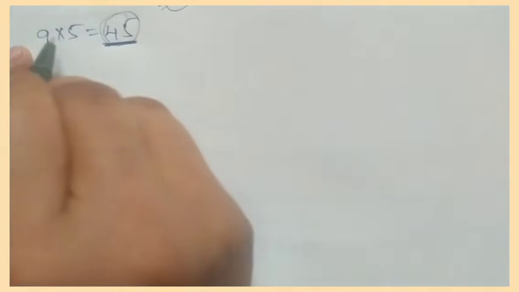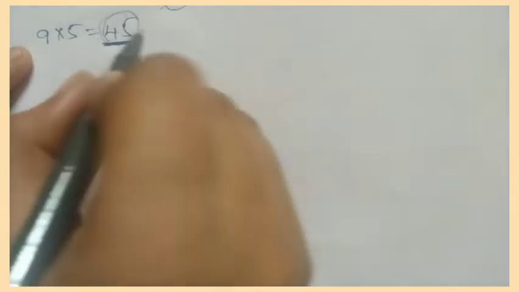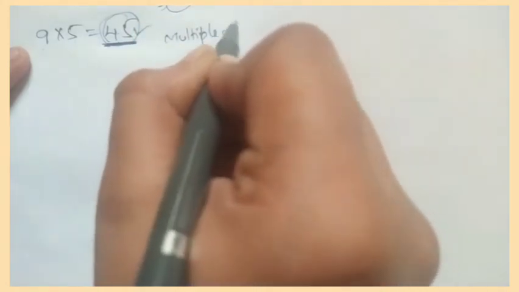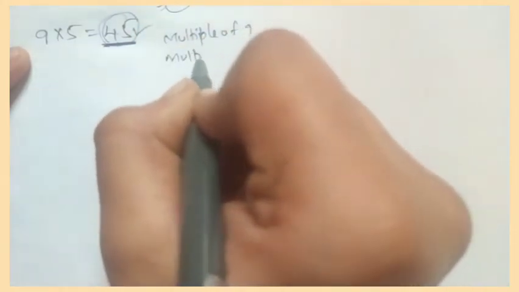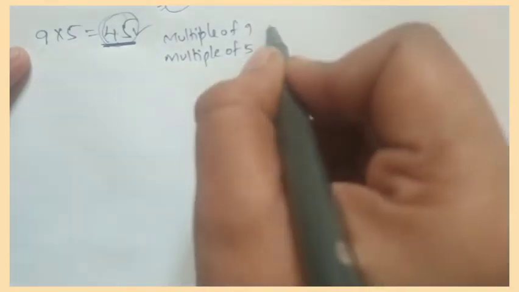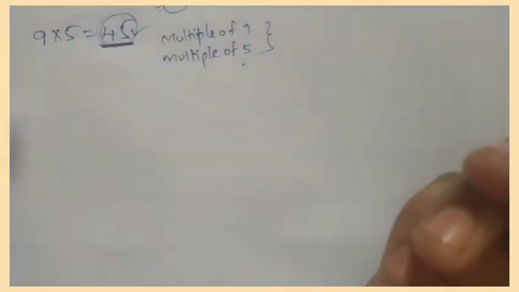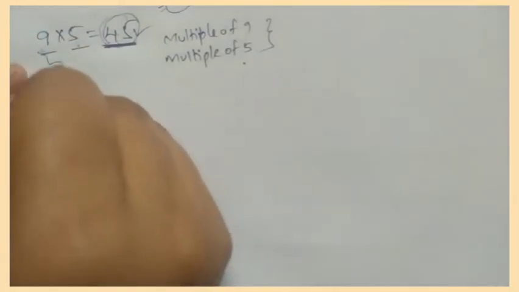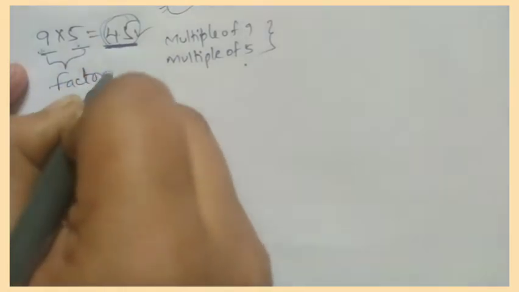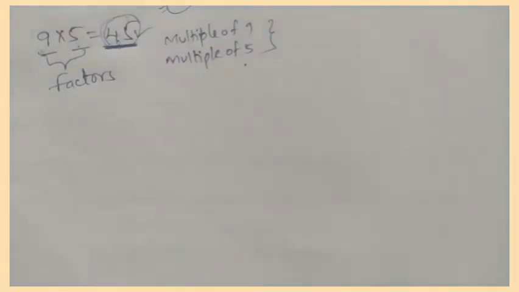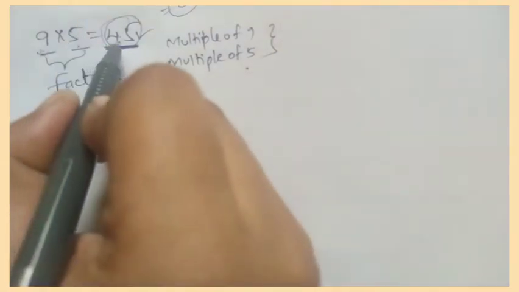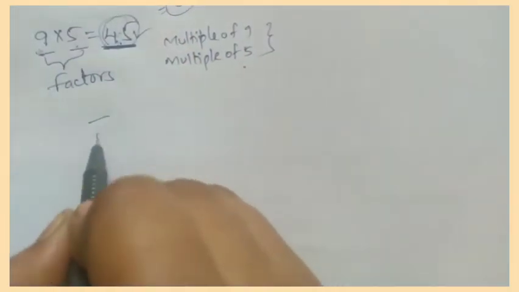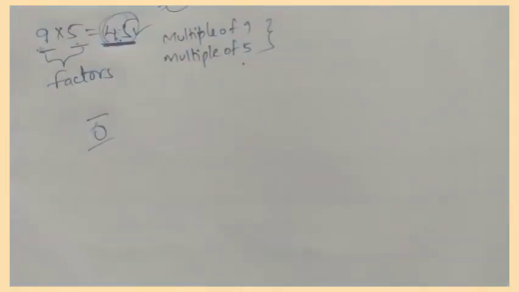Here these 9 and 5 both are factors of 45. Factors of 45 means when we divide 45 by 9 or 45 by 5, then we will get remainder 0.